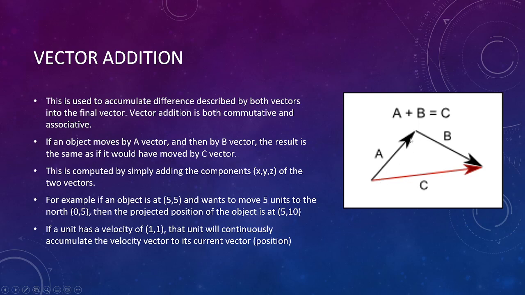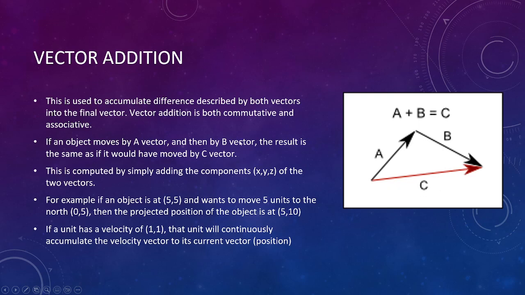If you line them up together from end to end, you will get where he would have just gone if he didn't have to take this longer route. This is vector c. It is computed by simply adding the components, the x, y, z, of the two vectors.